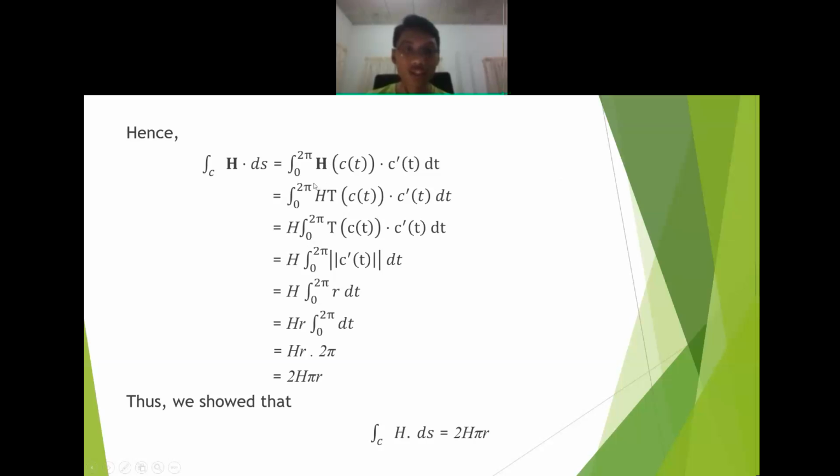From here we know that the bold H equals H times T, which is shown right here, and ds changes to the magnitude of c prime(t) dt. Then, once again, we do some simple calculation and integration, and we get the output of 2 H pi r, and thus ultimately this shows us that the integral of H ds equals 2 H pi r. Thus, I have concluded the explanation for solution 1. I will pass this video on to my other colleague, who will explain question 2.